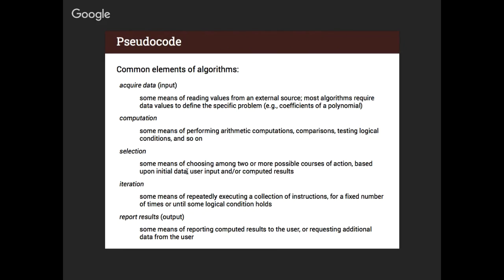To solve that problem, I have to break it down into steps, and these are the possible steps. I can acquire some data. That's probably something I want to do first, because I want to be able to acquire the parameters of my problem. So what are the jar sizes? So acquire data is one kind of step I can take in these programs or solutions that I write.